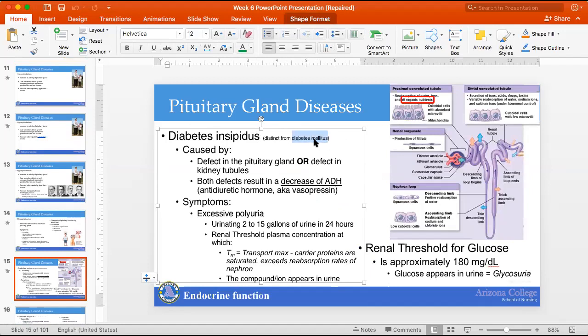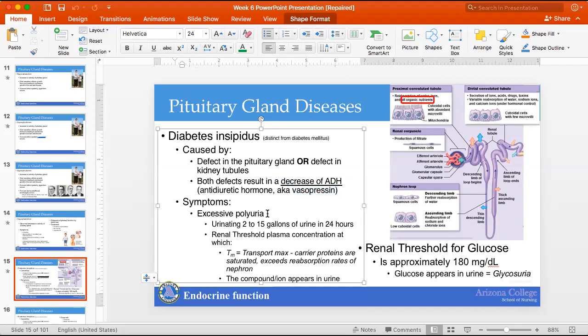When you're talking about diabetes mellitus, you're talking about types 1 and type 2. Diabetes insipidus is a different disorder. It's caused by a defect in the pituitary gland or defect in the kidney tubules. Both defects result in a decrease of that antidiuretic hormone. Sometimes this hormone is also referred to as vasopressin.